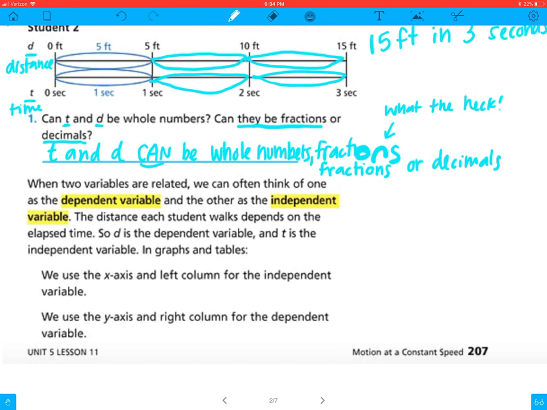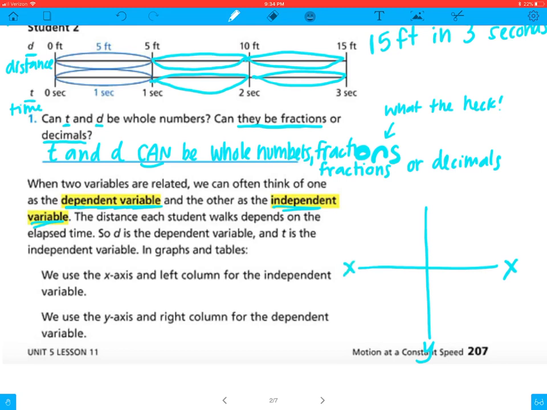So yeah, it can. When two variables are related, we can often think of one as a dependent and the other as an independent variable. The distance each student walks depends on the elapsed time. So d is the dependent variable and t is the independent variable.